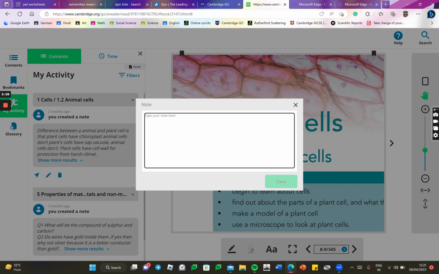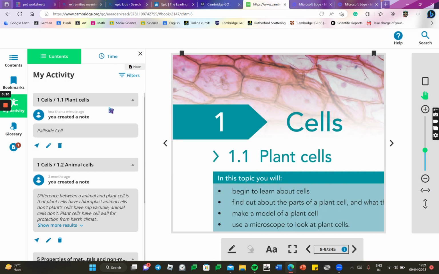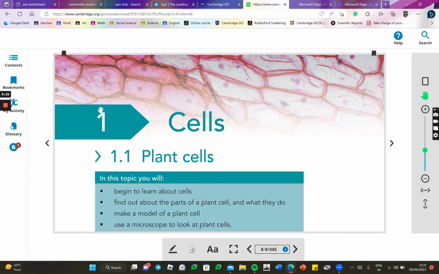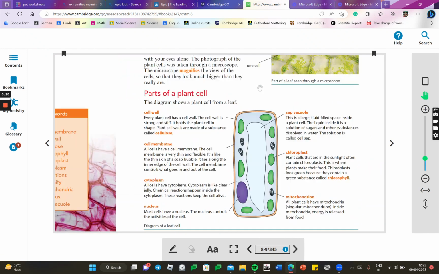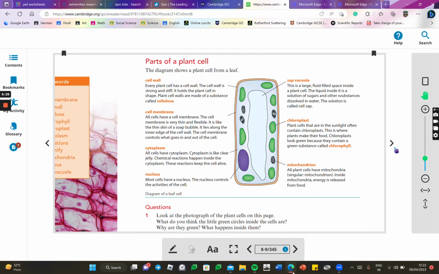It's written as palisade cell. Okay. So this cell is, as I told you, a palisade cell.